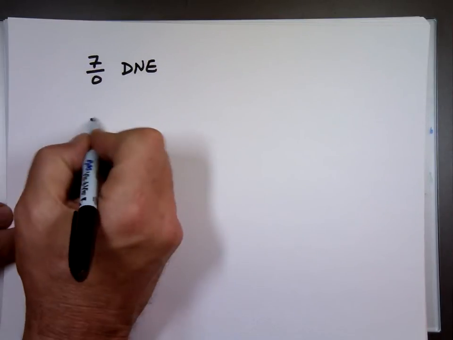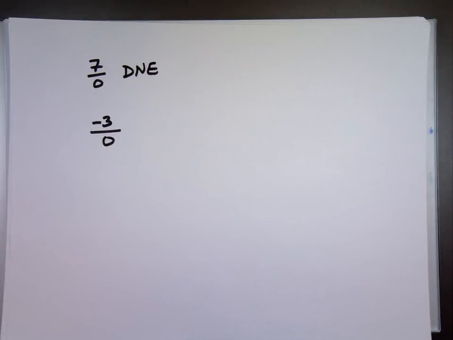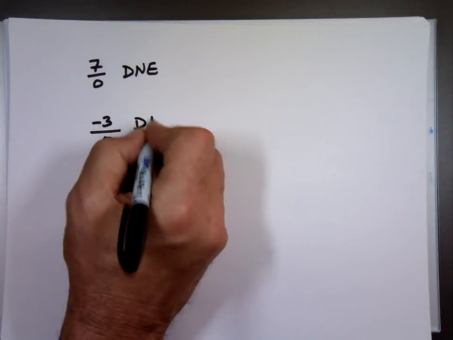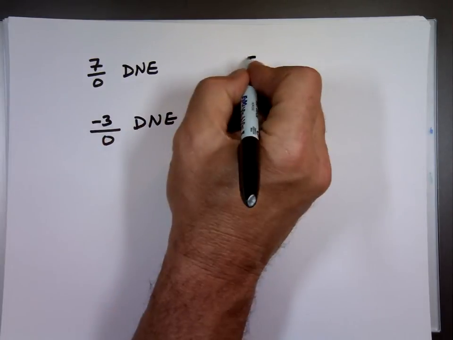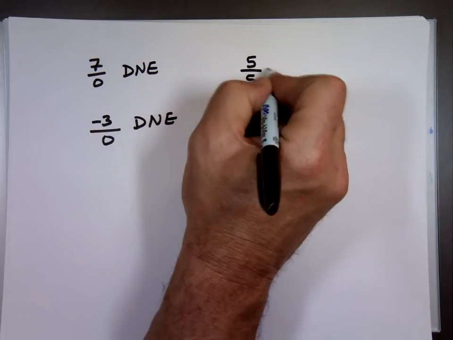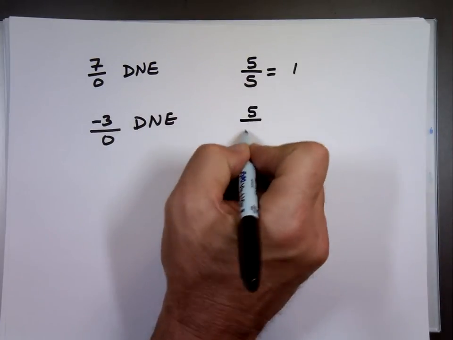Negative 3 divided by 0. Does not exist. 5 over 5. 1. 5 over negative 5.